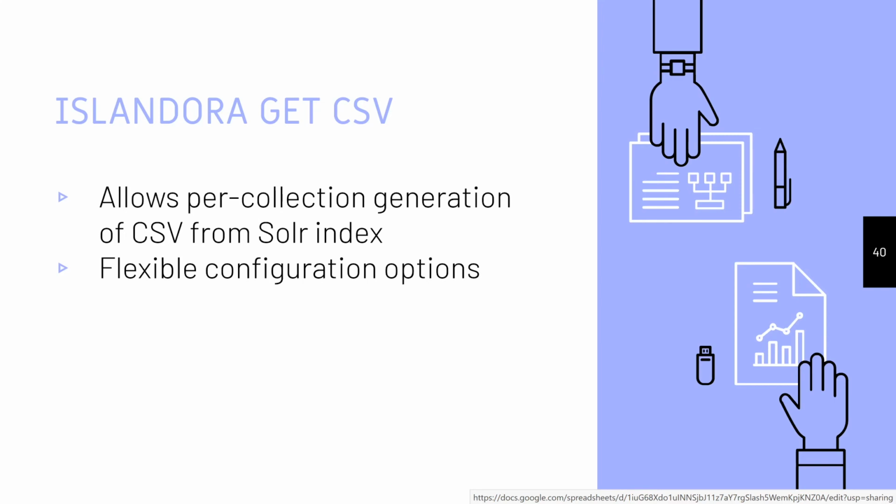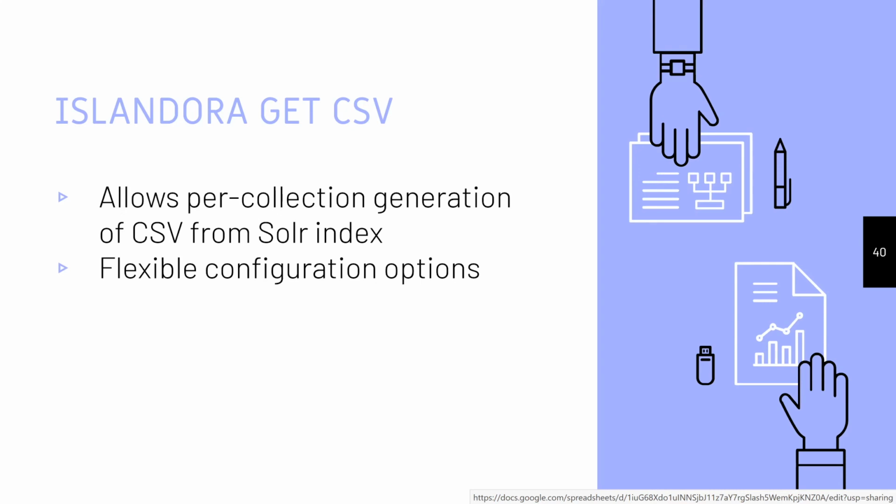This tool, Islandora Get CSV, is a module that I wrote a couple of years ago for this specific purpose. Well, not this specific purpose, the specific purpose of determining how many different values. Sorry, this is the wrong tool. This one is getting your metadata out of Islandora 7x into CSV. I'll talk about the other one I just introduced in a minute.